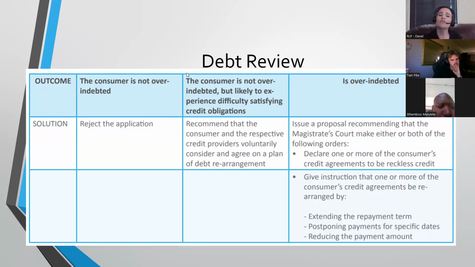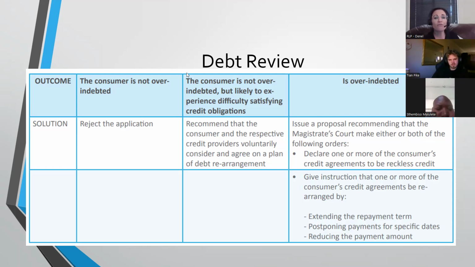Or if the consumer is already over-indebted, then the debt counselor will issue a proposal recommending that the magistrate's court make either or both of the following orders. So declare one or more of the consumer credit agreements to be reckless, which will then be set aside or suspended, or they will give instruction that one or more of the consumer's credit agreements be rearranged.